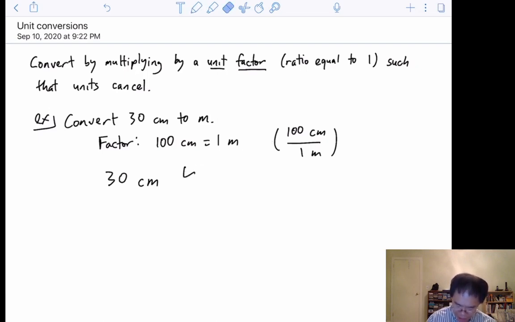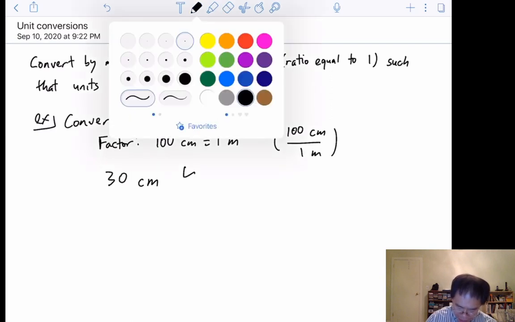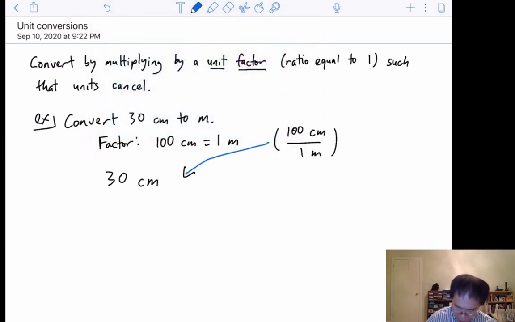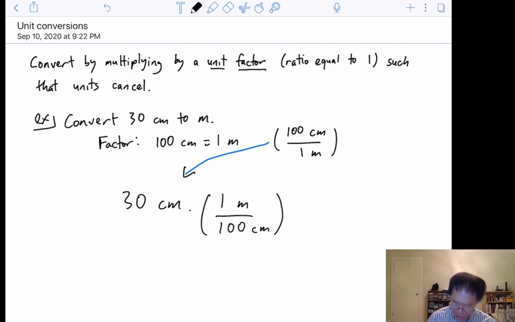Let me do that in a different color. I actually want to turn this upside down and multiply 30 centimeters by this ratio inverted. So we have 1 meter over 100 centimeters.